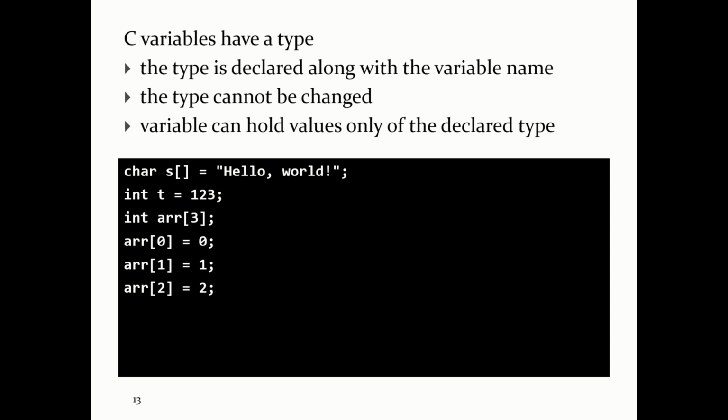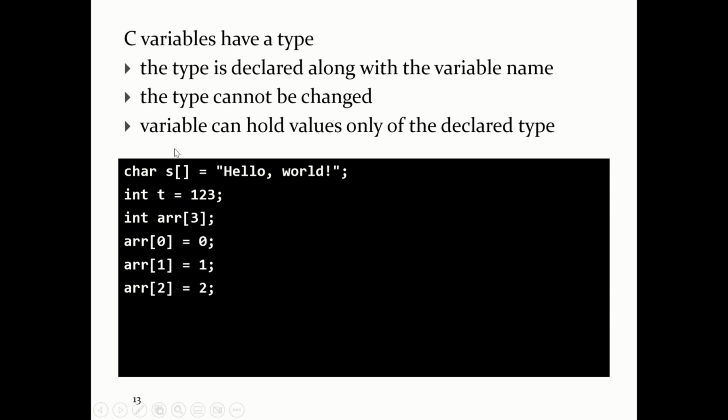Now you know that in C all variables have a type, and the type is declared along with the variable name. So here s is an array of char, here t is an int, and here arr is an array of int. You know in C that once you make a variable within the same scope, you can't change its type.